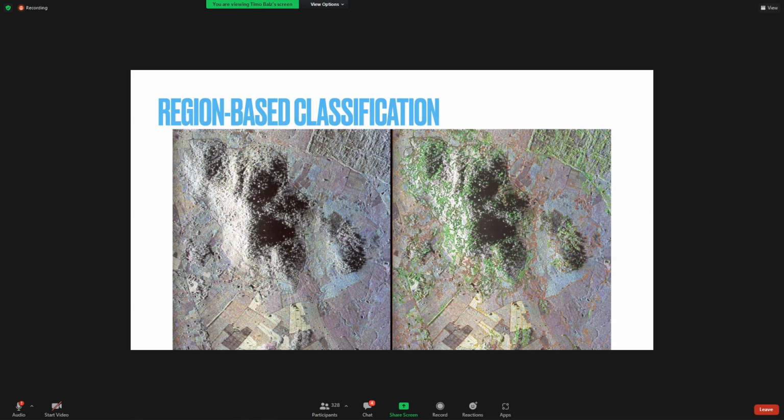You are going to get much better results, because the Speckle effect is really messing up your classification. If you do not deal with it, it's rather meaningless to do it pixel by pixel. So region-based classification and the kind of decomposition of the polarization is typically the way to go.